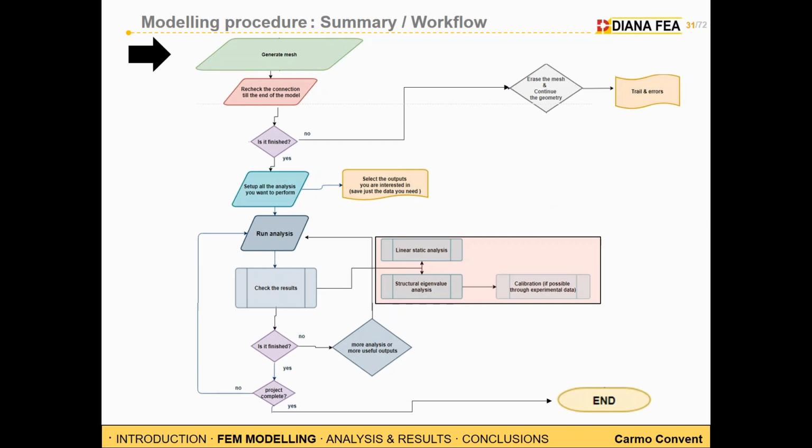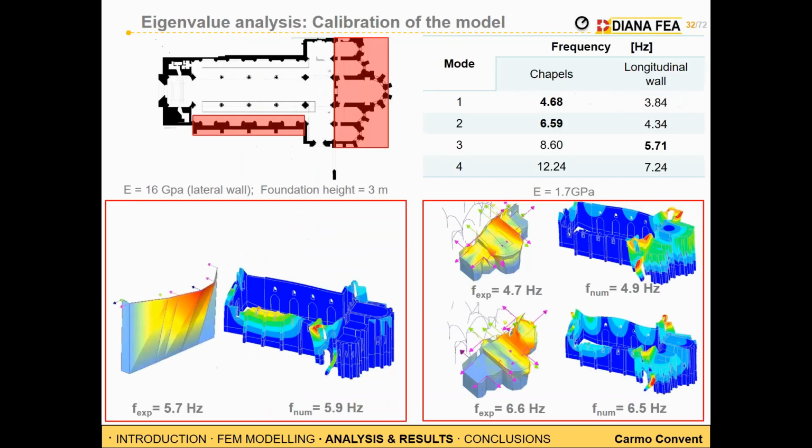It's very interesting to understand better what calibration is. Calibrating the model means that we are going to make the model behave realistically like the real structure. So in this phase, we perform several eigenvalue analyses, changing the parameters in order to achieve the frequencies and the mode shapes we obtain from the dynamic identification test.